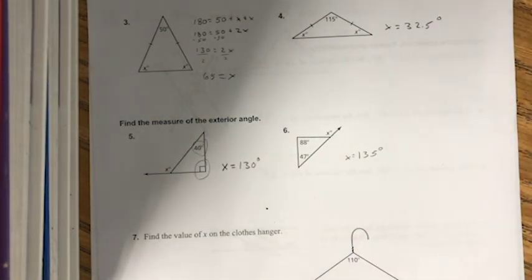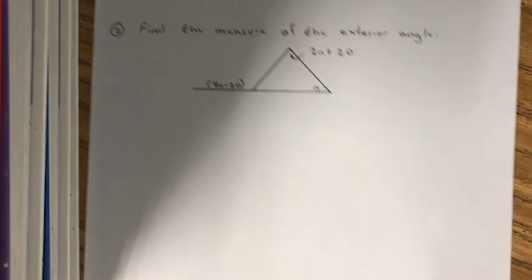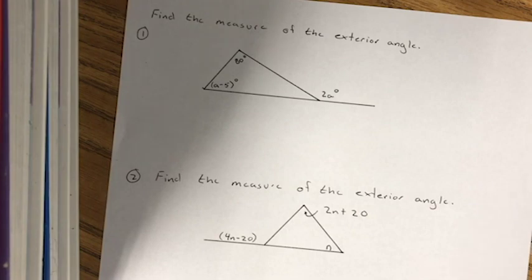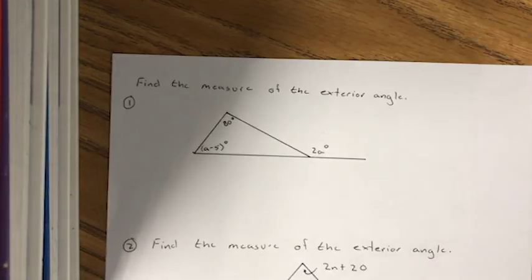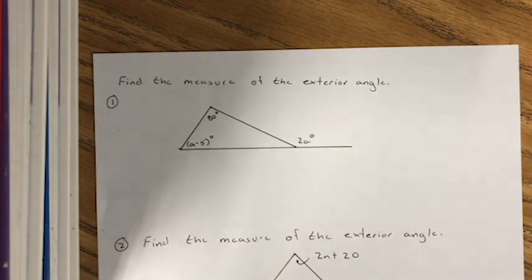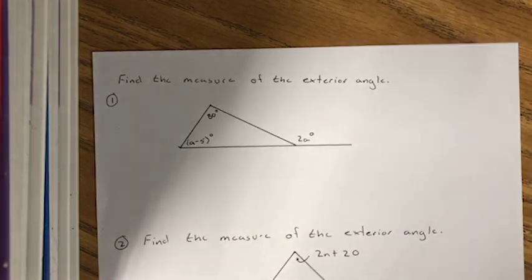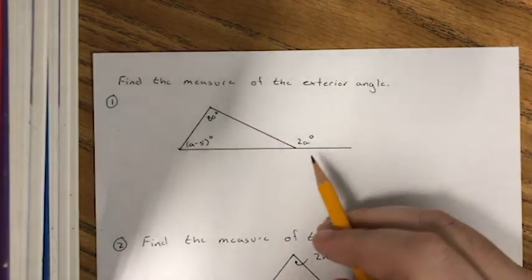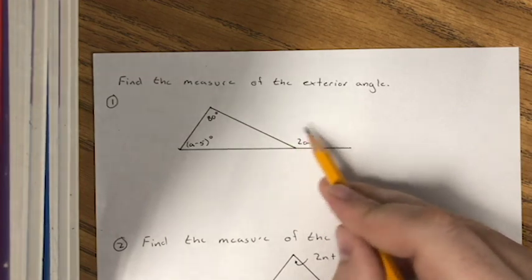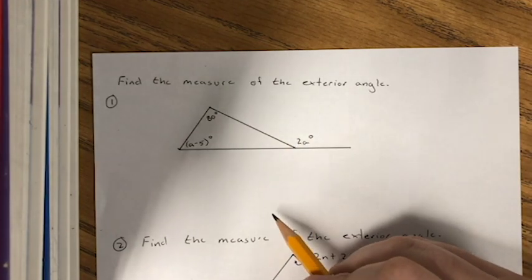Now, I'm going to leave number 7 to you, but I am going to go over a little bit more complicated problems using the exterior angle, because this is where a lot of people get really, really scared when all of a sudden their numbers have letters. So what is going on here? It says find the measure of the exterior angle. So we're trying to figure out what this even is.